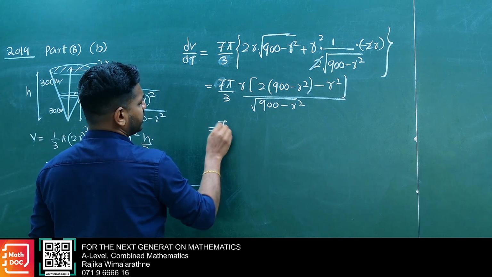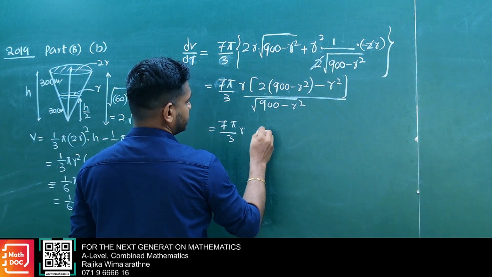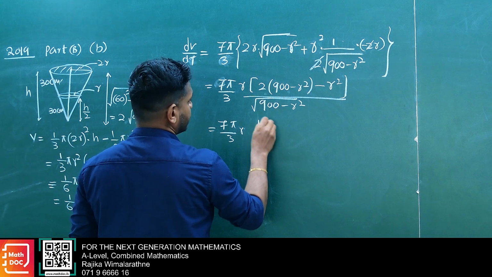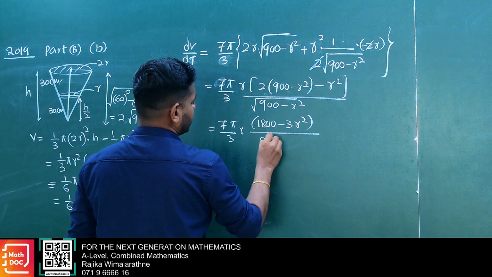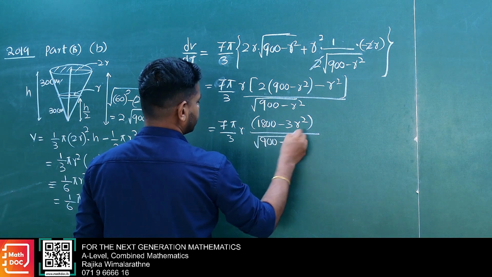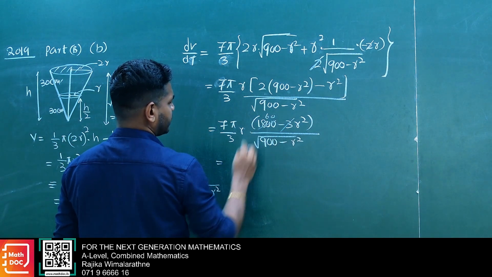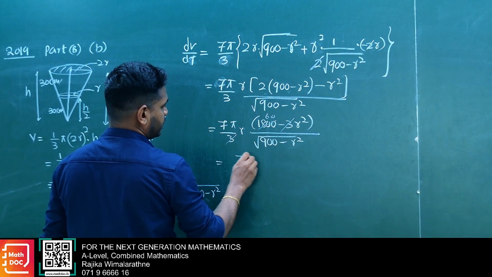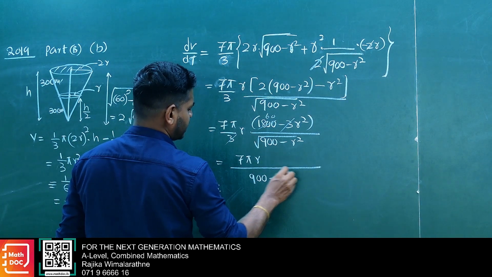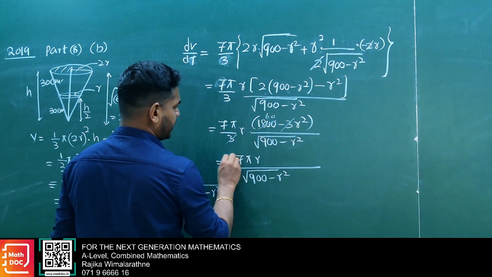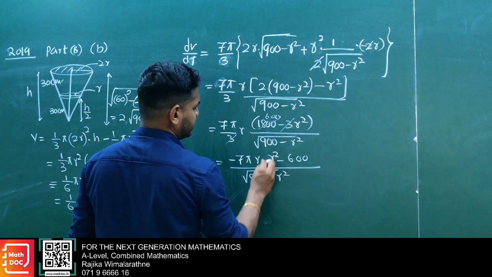Further simplify: 7 pi divided by 3 r, here 1800 minus 3r squared over the square root of 900 minus r squared, get 3 outside. Seven pi r over the square root of 900 minus r squared, take minus outside, times (r squared minus 600).